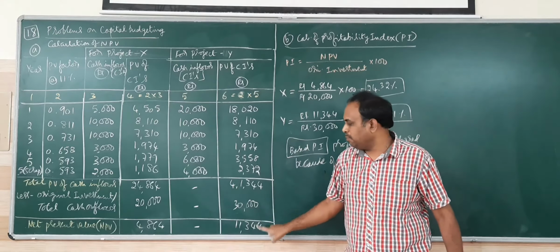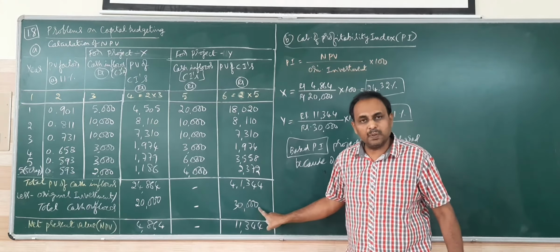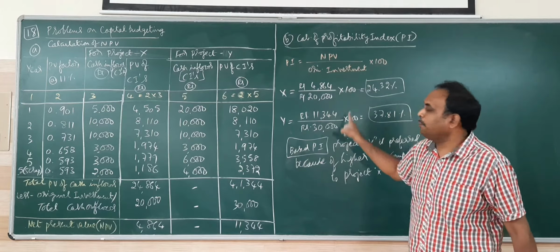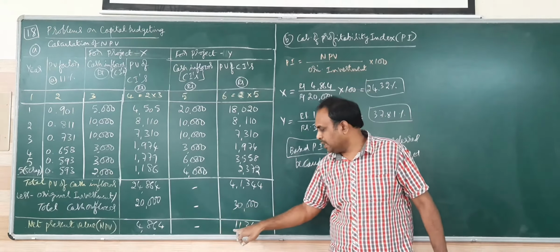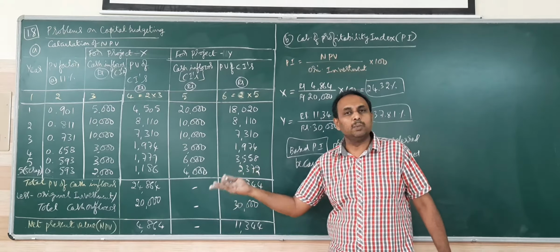If the investment amount is the same, we can take NPV. If the investment amount is different, we have to decide based on PI. But even if you want to decide on NPV, the higher NPV is the one to be selected.